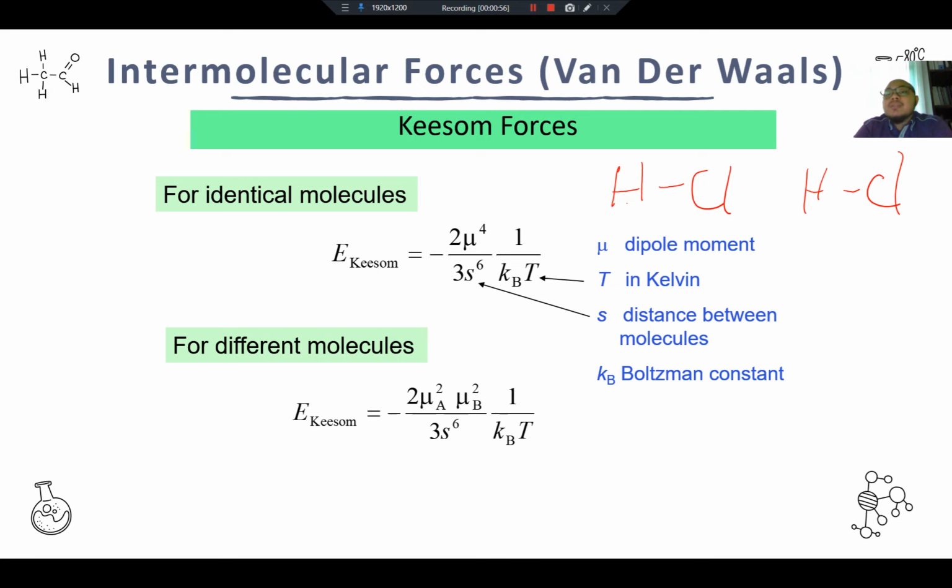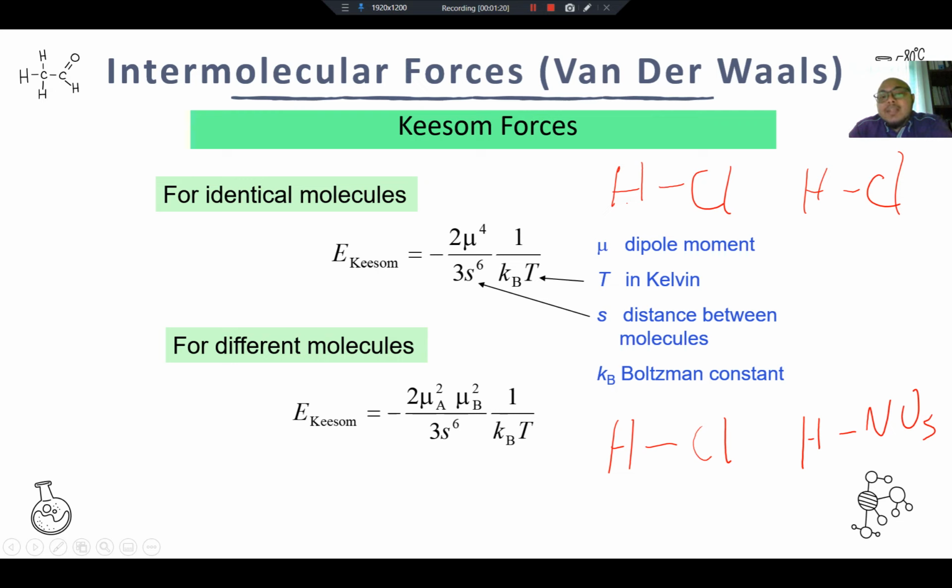How about different molecules? For example, HCl and HNO3. So you have different molecules. Then if you look over here, A and B, not much difference except for this one.